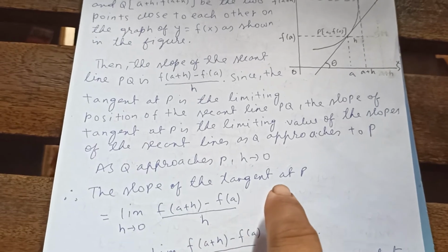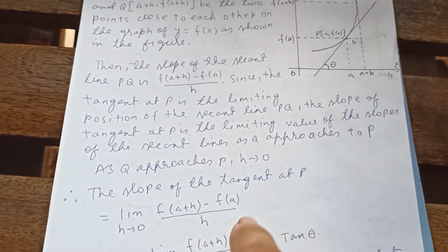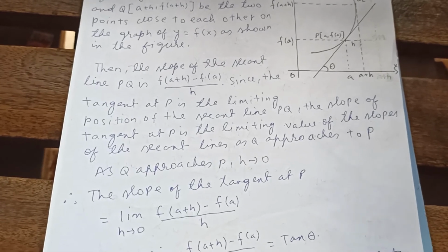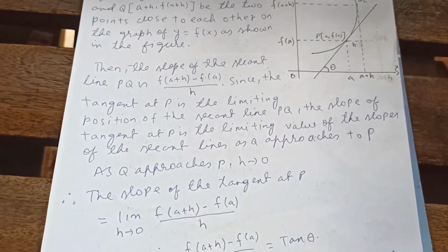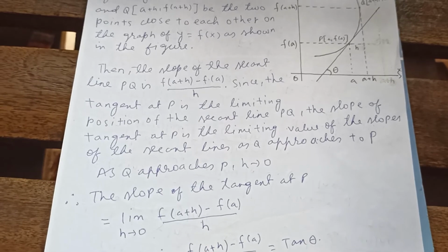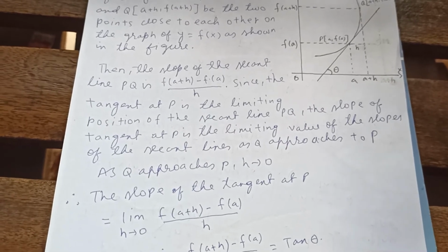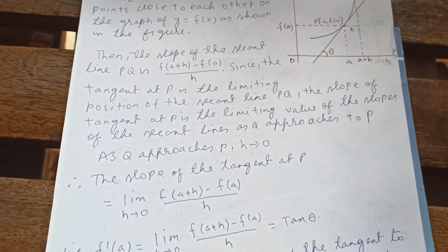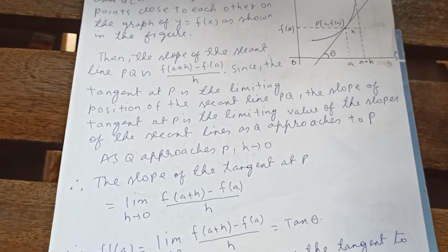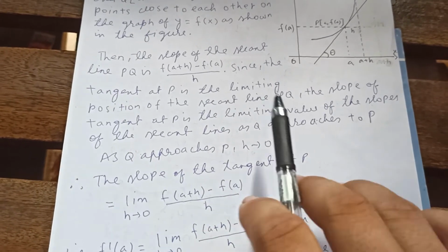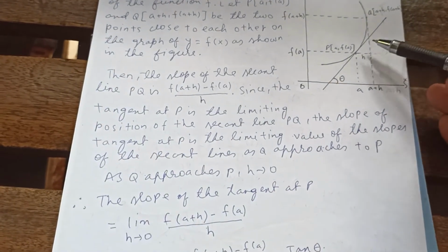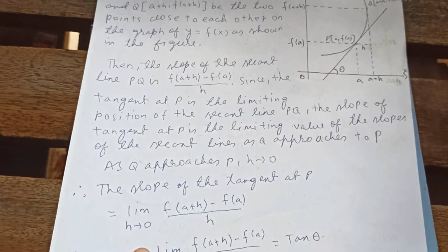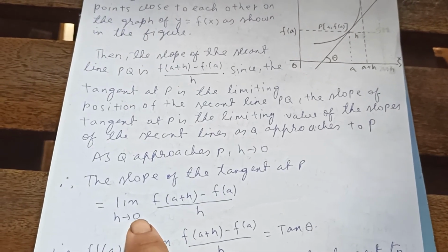So therefore the slope of a tangent at P, if you do it in geometry, the slope of a tangent line, equation of slope, all these things we are going to discuss. Anyway, we are doing this first. So the slope of tangent at P is nothing but, as Q approaches P, h will tend to 0, then it is the limit as h approaches 0.